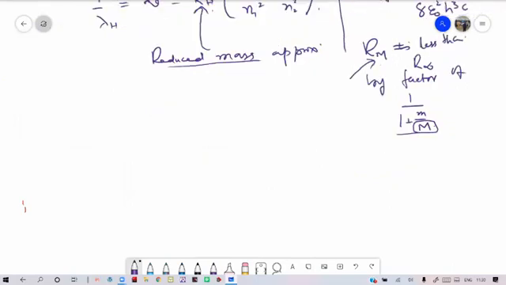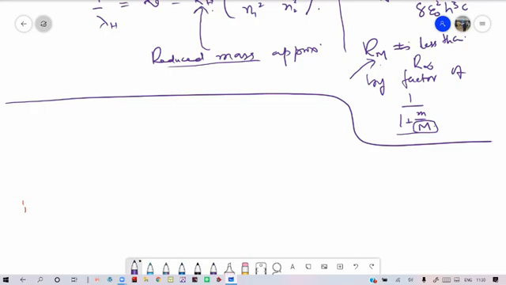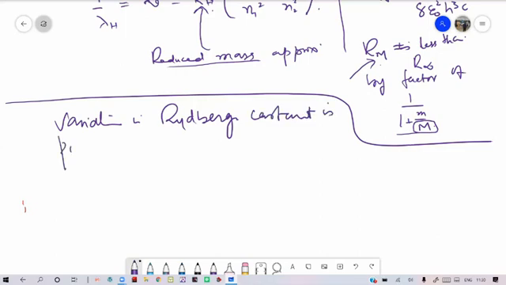Okay, now in case of hydrogen, this isotope shift is seen more prominently. The variation in Rydberg constant is particularly marked in hydrogen.